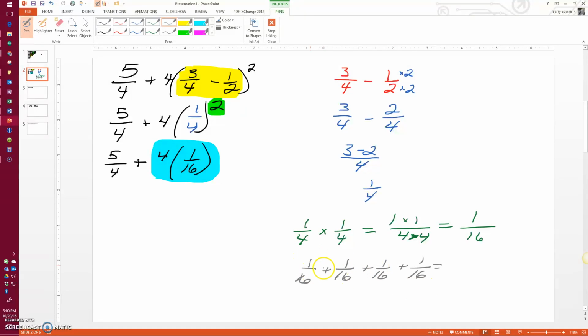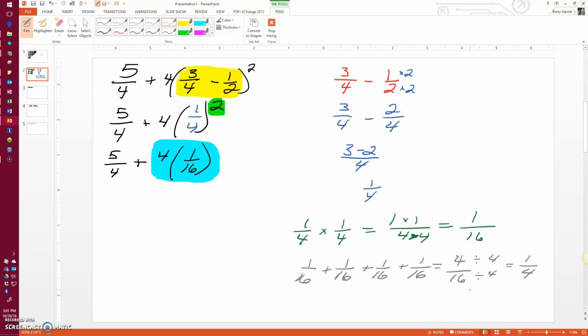So we've got 1 of something, plus 1 of something, plus 1 of something, and 1 of something. So that's 4 of those same things, and they happen to be 16ths. Of course, we also want to write this in simplest form, which means we want the top and the bottom not to have any common factor besides 1. So 4/16 is the same as 1/4. That's if we use repeated addition.